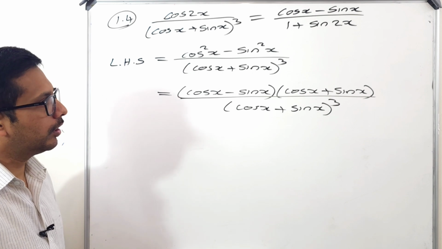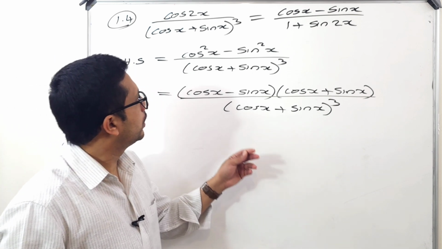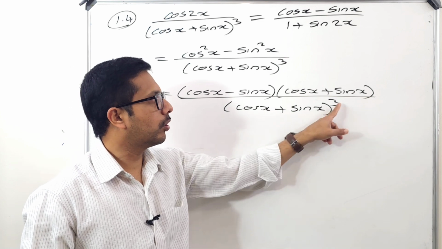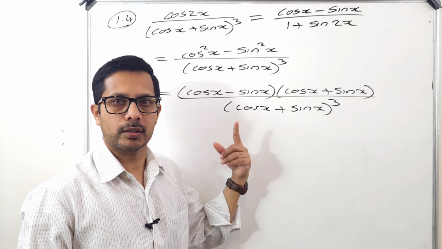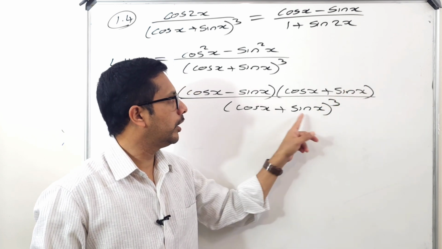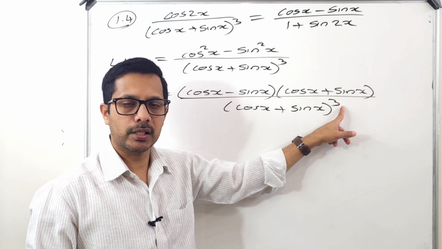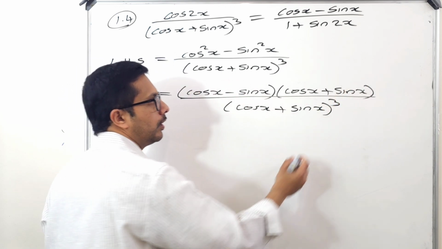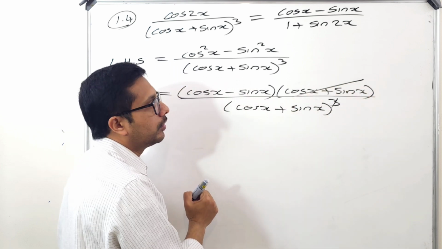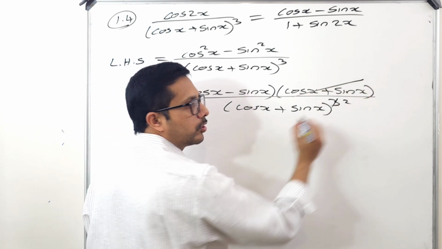Am I right? Here we have cos x plus sin x in the numerator and cos x plus sin x the whole cube in the denominator. We can cancel one cos x plus sin x. Here how many cos x plus sin x? One. Here how many? There are three. So we can cancel one of them.